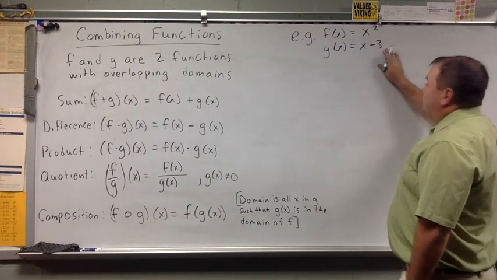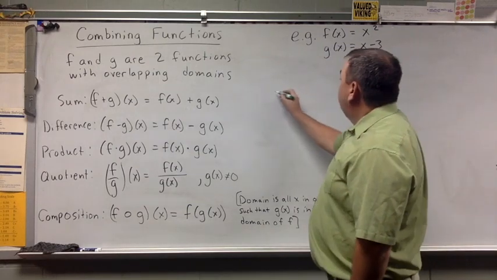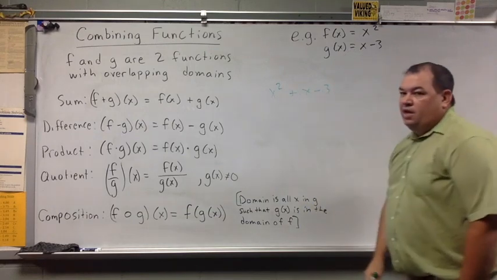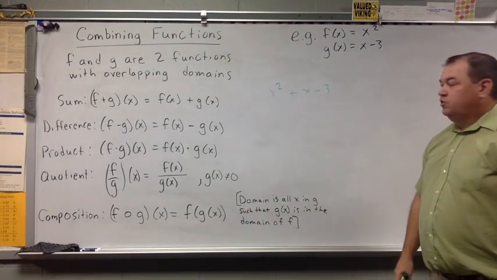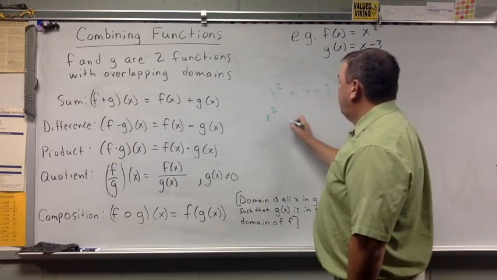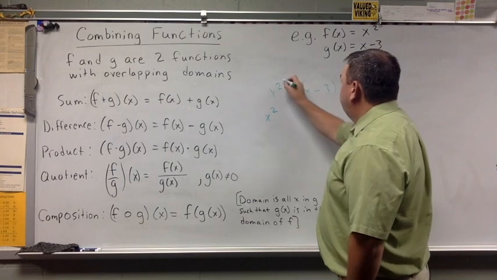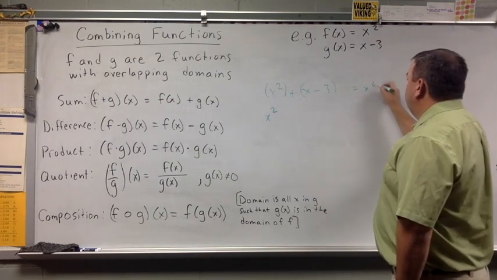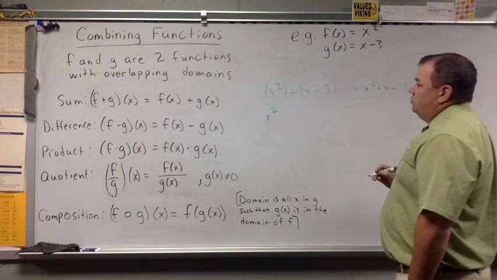So if I want to add these two functions, if I want to sum them up, I take x squared and I add x minus 3, and now I have a sum of two functions. Not as easy with difference. Here's the catch. I'm going to put this in parentheses so you kind of see them as two separate functions, but it doesn't change what my answer is.